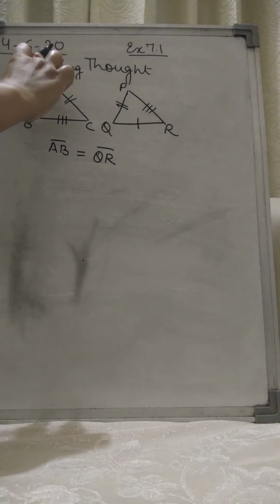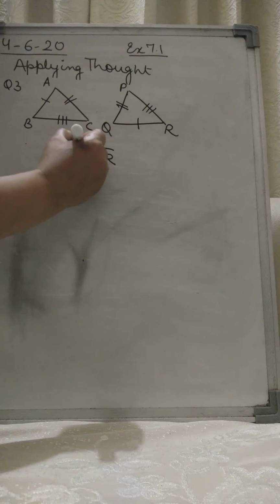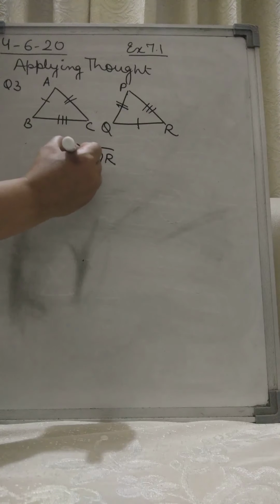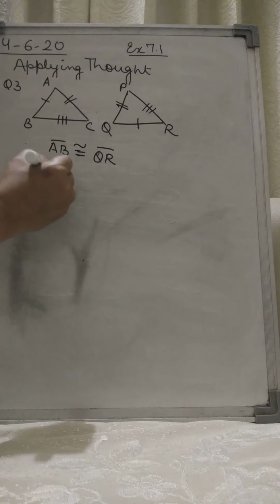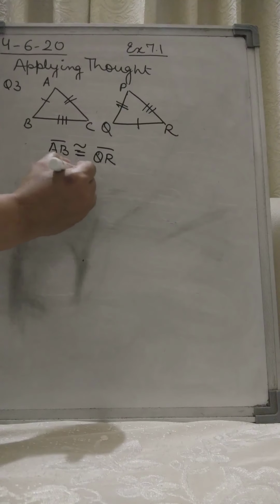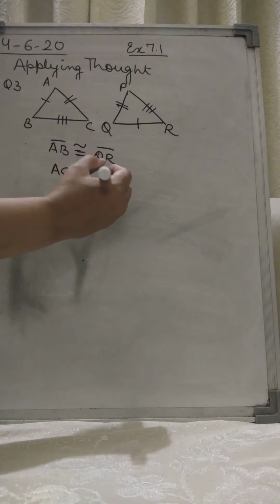When we put AB line segment on QR, both the lengths are going to be equal, so they are congruent to each other. Okay. Then AC is equal to QP.